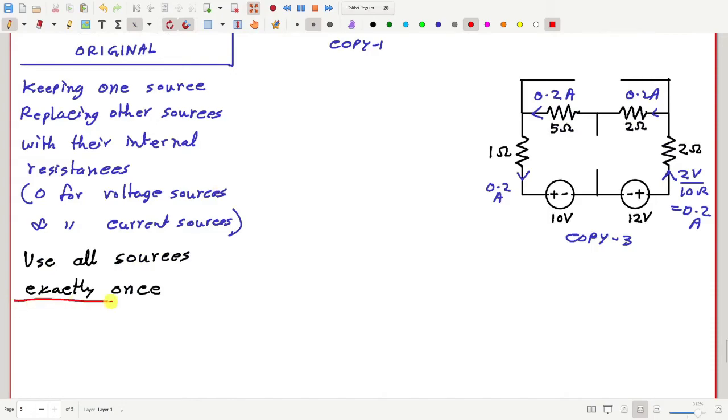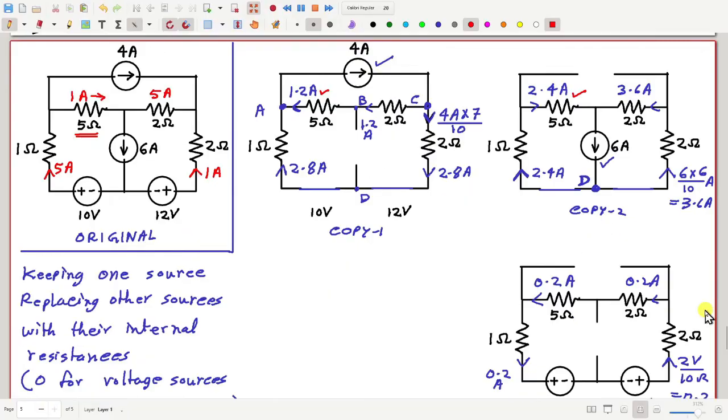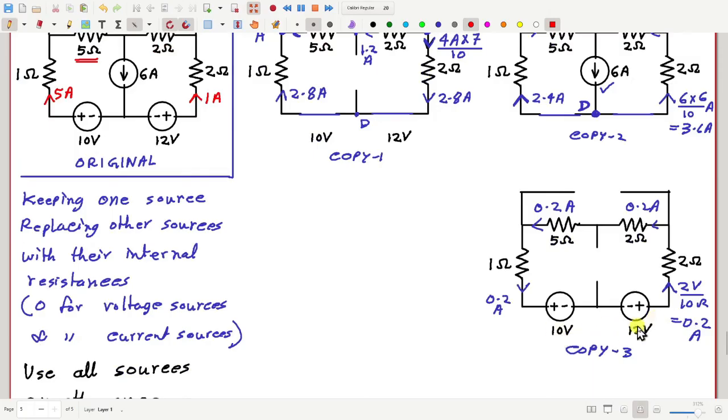Okay, fine? Sir? Yes. May I ask one question? Yes, please. For copy 3, we have kept 2 sources together. Can we also make one copy 4 where we take one source and in another copy the other? Yes, you can make 4 copies and keep these 10 volt and 12 volt sources in separate copies.